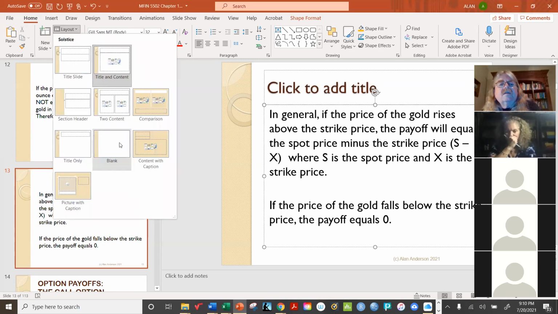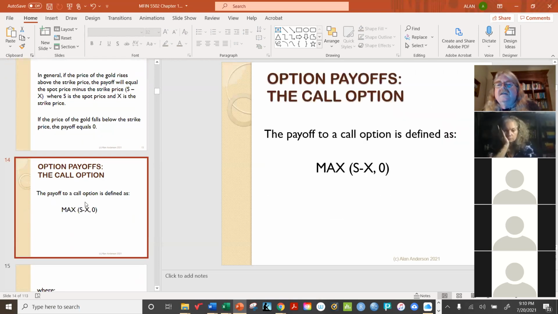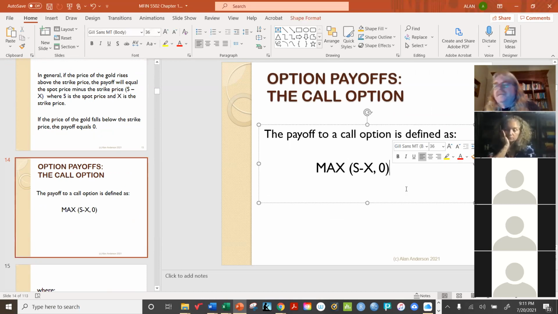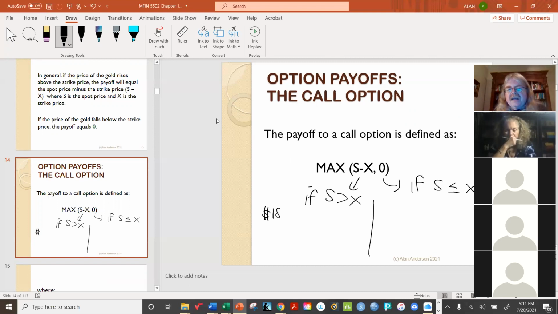So we're going to consolidate those into an equation, basically. We're going to say that the payoff is the greater, max is simply maximum, of S minus X, which is only true if S is greater than X, and zero, which is true if S is less than or equal to X. Okay, so in other words, remember our first example, the price went up to 1,800.